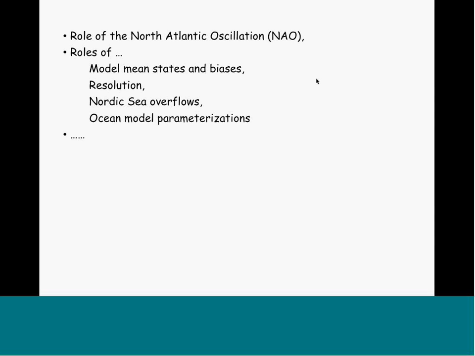Although most of the recent studies point to some prominent role for persistent phases of the NAO, for example the positive phase, the role of the North Atlantic Oscillation remains somewhat unclear. And the roles of model mean state biases, model resolution, particularly, for example, Nordic Sea overflows, and ocean model parametrizations remain quite unexplored in my view, and there are many non-robust elements.